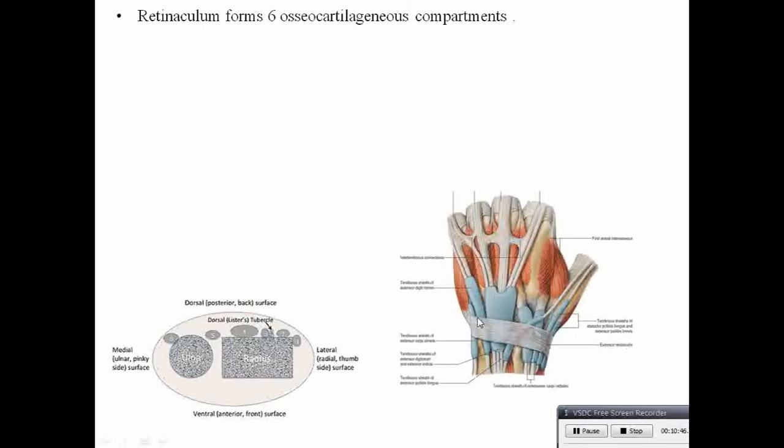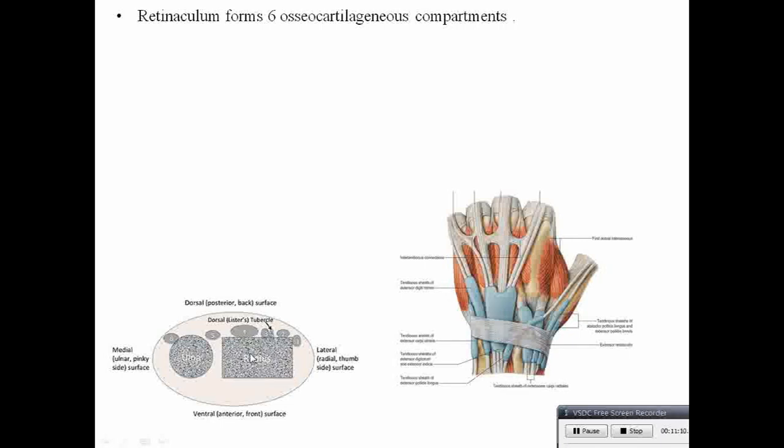Since this retinaculum has a close relation with the bones, the radius and some of the carpal bones, it sends septa deep to it which are attached to the bones, and these septa divide this region into 6 compartments from lateral to medial.